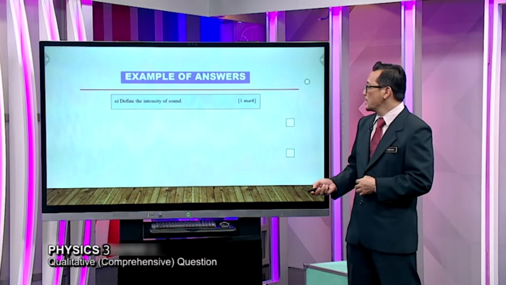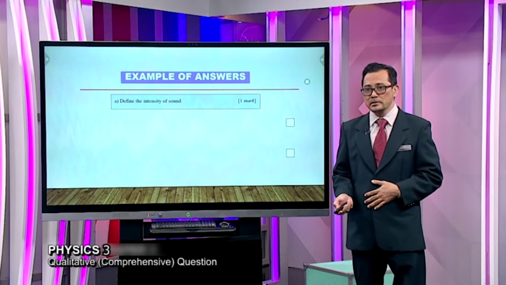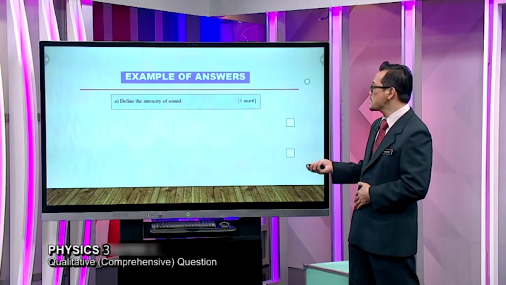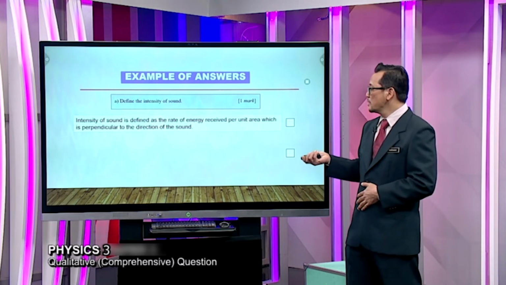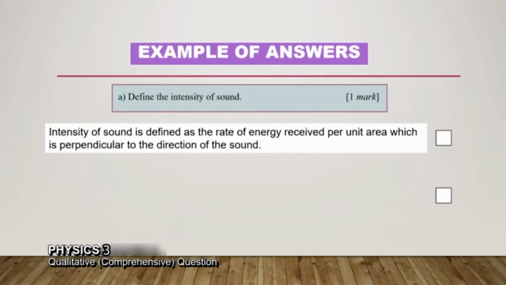Now I will show you examples of answers for question A. Candidates may answer in this way: intensity of sound is defined as the rate of energy received per unit area which is perpendicular to the direction of the sound.